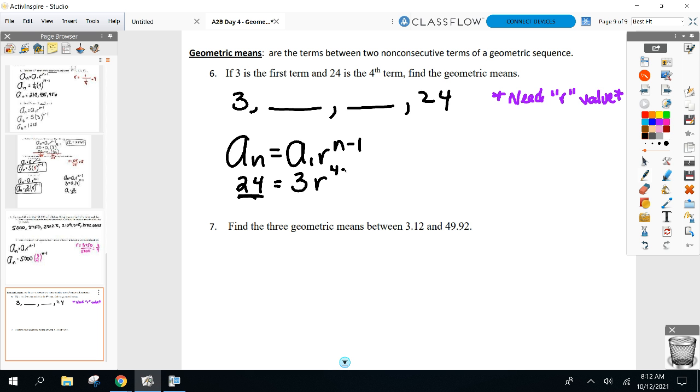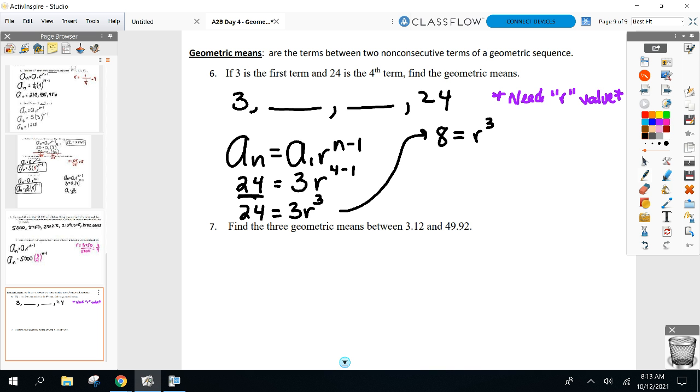So 4 minus 1. 24 equals 3R to the third. What's your next move? Divide by 3. Yep, go ahead, divide by 3. So 8 equals R to the third.